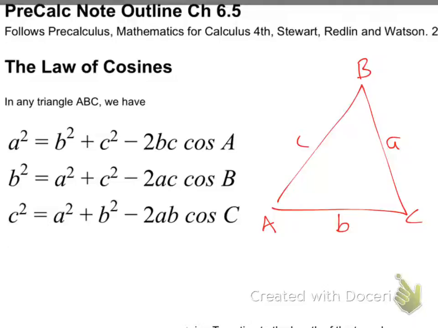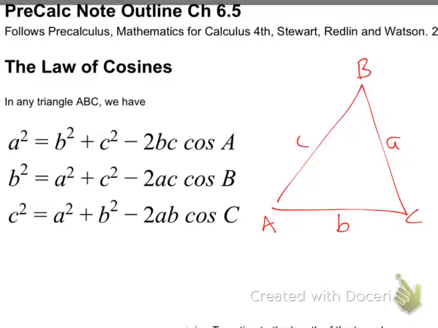I personally do not sit there and try to remember all of them. I just remember the very first one. And to me, if I remember this one, the others will follow. So whatever side I'm trying to solve for, I just square the other sides, add them together, and subtract 2 times those sides times the cosine of the angle.